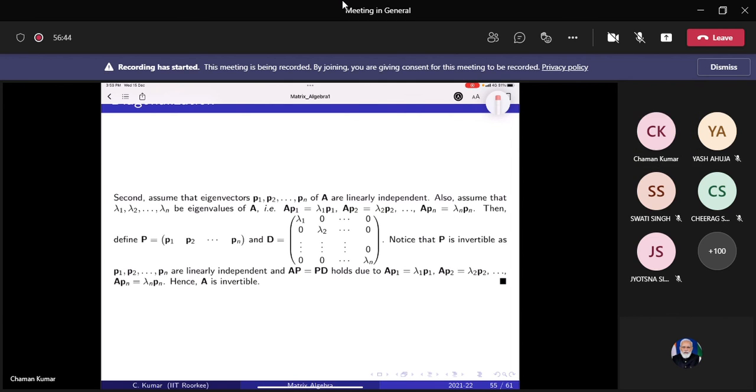So from here we can say that A is diagonalizable. Another typing mistake: this is not invertible, this is diagonalizable. Fine. Any question?